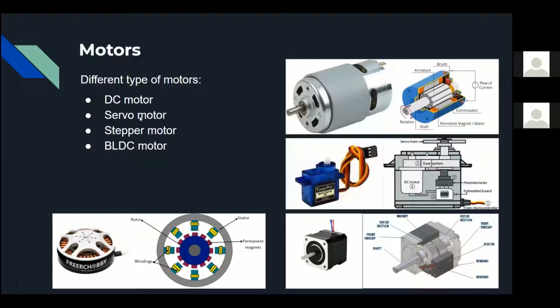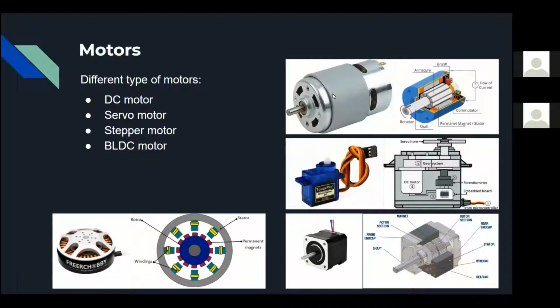And the second type of motors are called servo motors. These are advanced motors, which have precise control over their rotation. For example, in your normal DC motors, you can't control the rotation.